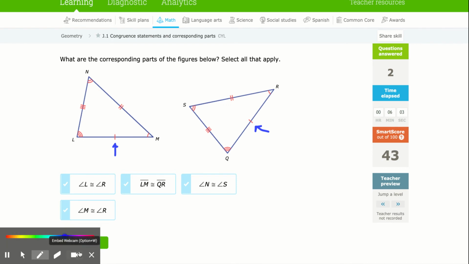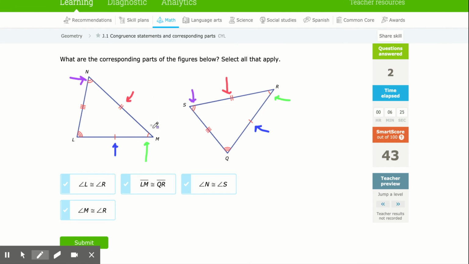The side with two tick marks is congruent to the side with two tick marks. The angle that has one little arc in it is congruent to the angle that has one little arc in it. The angle that has two arcs is congruent to the angle that has two arcs, and so forth.